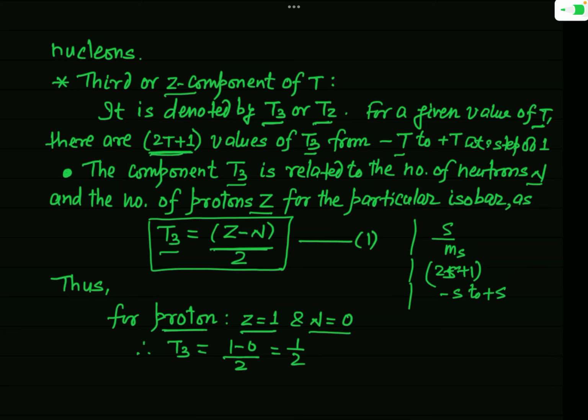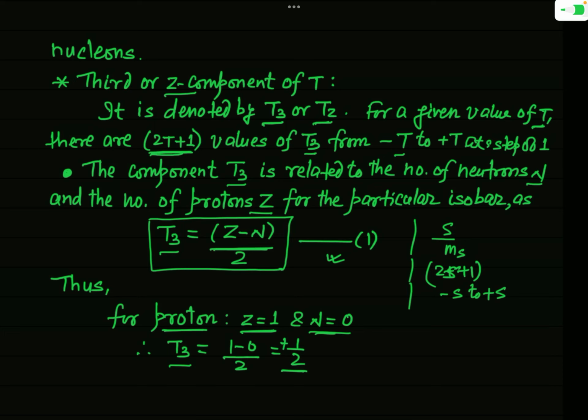Now let us put these values of Z and N in this formula. For a proton, T3 will be Z minus N, so 1 minus 0, divided by 2. So T3 is equal to 1 by 2, or you can say plus 1 by 2 for a proton.